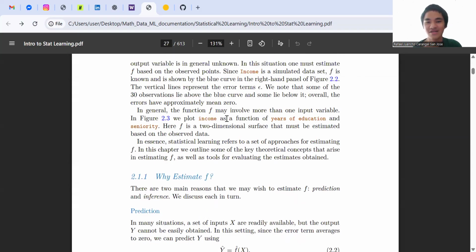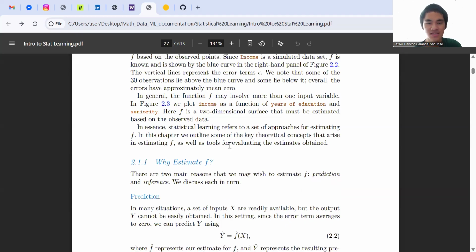So this function may involve more than one input variable. In figure 2.3, we plot income as a function of years of education and seniority. I don't know what seniority means in this case, but cool. Here, f is a two-dimensional surface that must be estimated based on observed data.